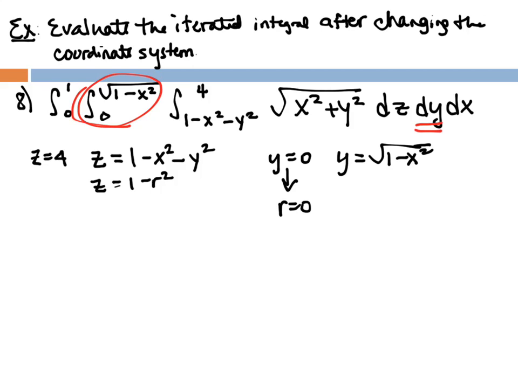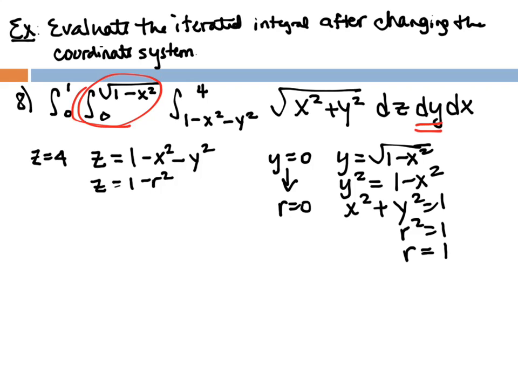If y can equal 0, then r can equal 0 as well. This equation I can restructure. So this says y squared equals 1 minus x squared, or x squared plus y squared equals 1. So r squared is equal to 1, or r is equal to 1, when we take the square root, right? So that gives me limits of integration on r.